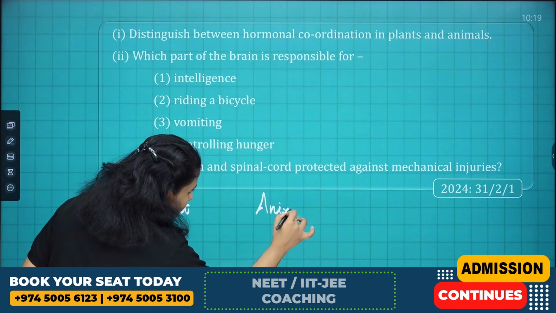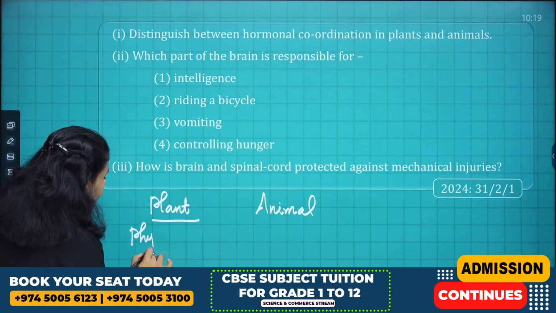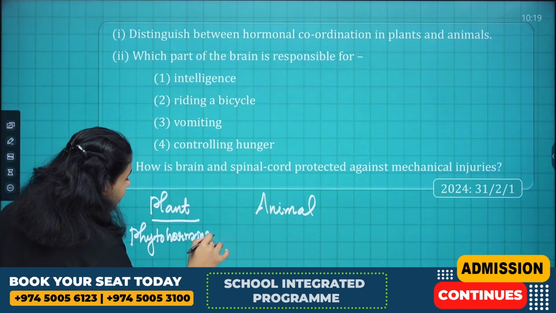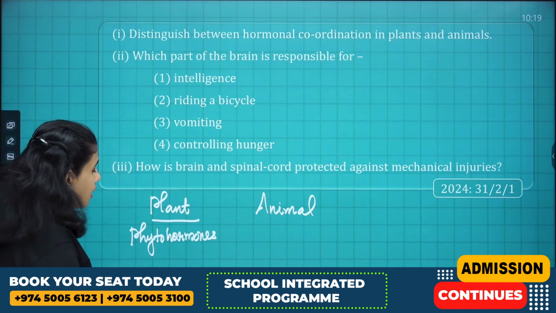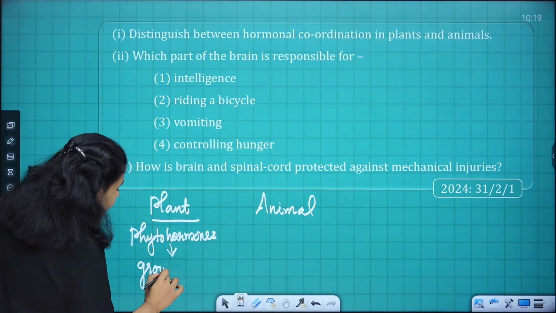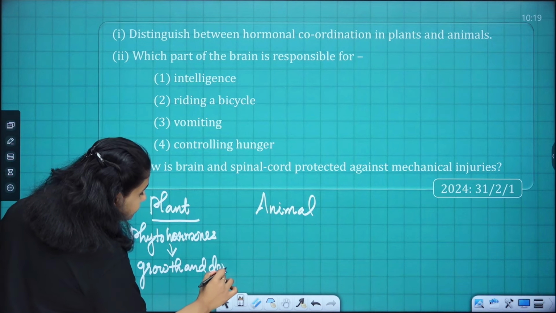In plants, the hormones are called phytohormones, which help in growth and development.